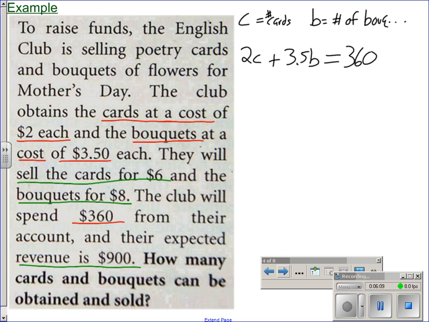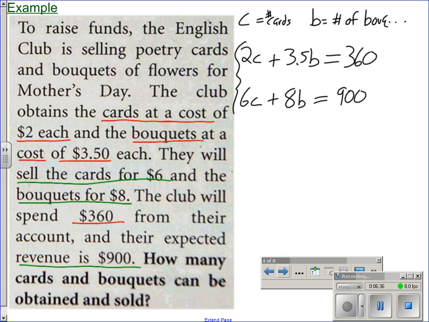The other information was related to selling the stuff. Number of cards they're selling at $6 each, so 6 times C. They're also selling bouquets for $8 each, and they were expected to bring in a total of $900. There's our system.